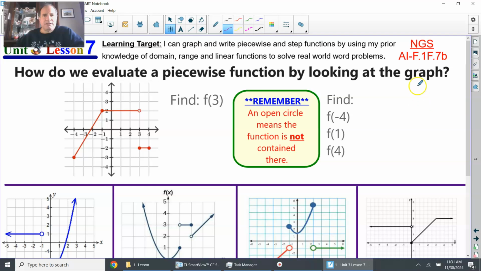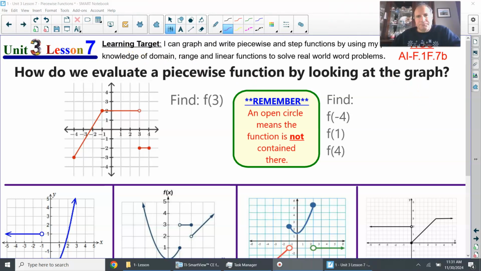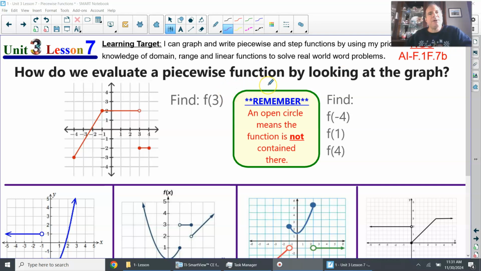And so, back to evaluating the piecewise function by looking at the graph. Remember, an open circle means that the function is not contained there. So it says find f of 3. Remember, this is the x. So find f of 3.